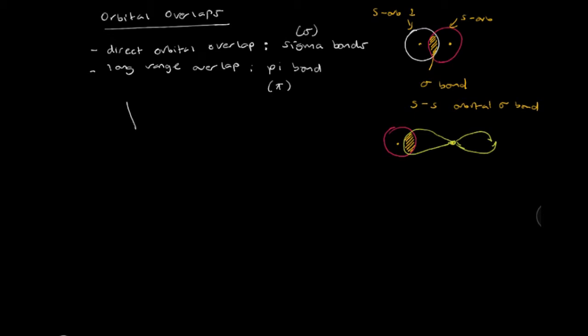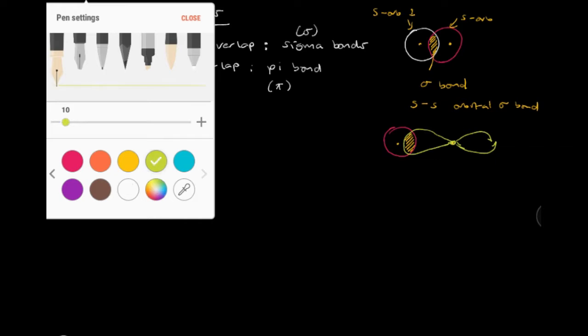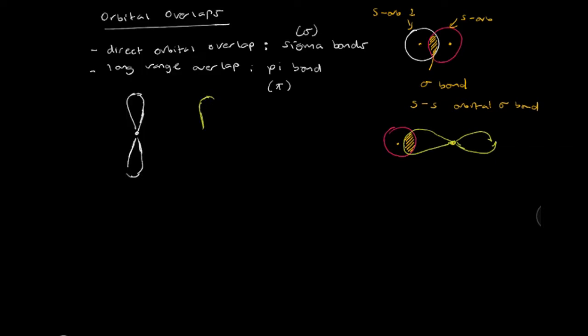So what that would look like is if you had a p orbital here and another p orbital here, right, this overlap between the p orbitals constitutes a pi bond. And pi bonds only occur between p orbitals.